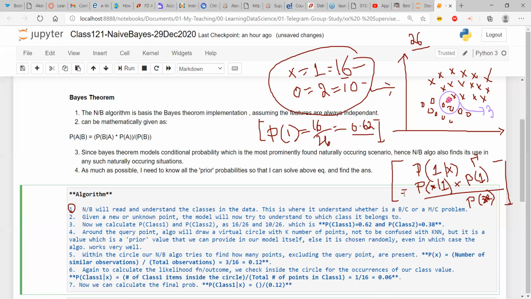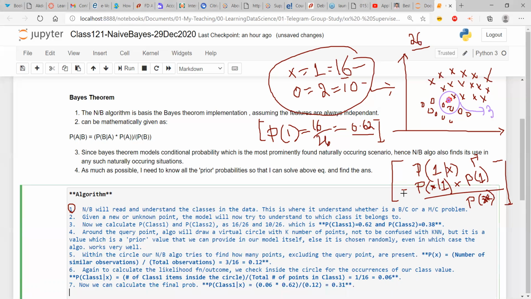In the numerator, I'm going to have P of x given 1, which is 0.06, multiplied by the probability of 1, which is 0.62. So 0.06 multiplied by 0.62 divided by 0.12 comes out to be approximately 0.31.